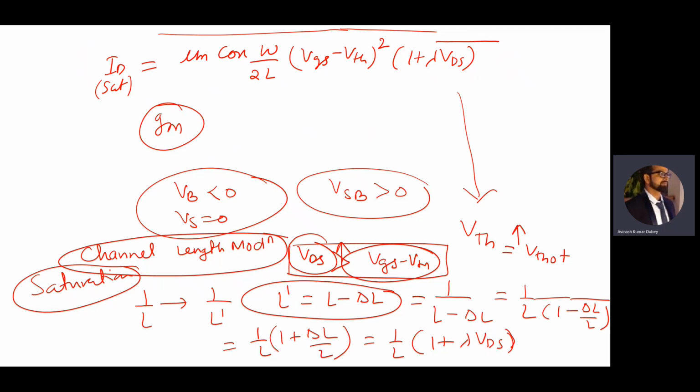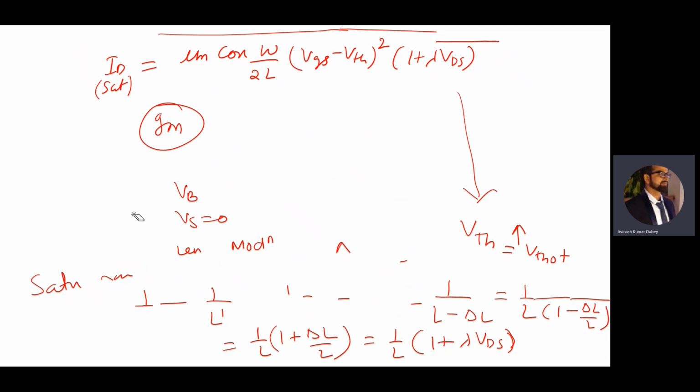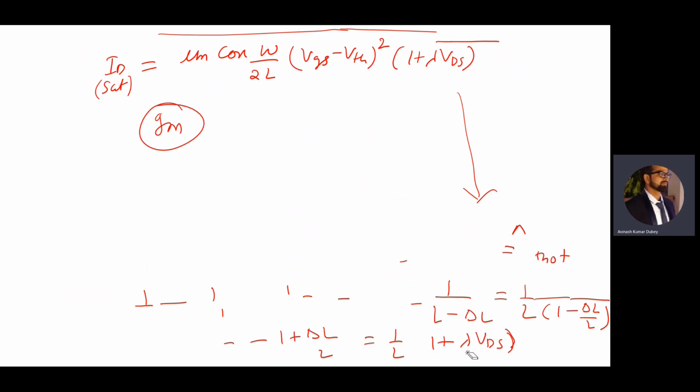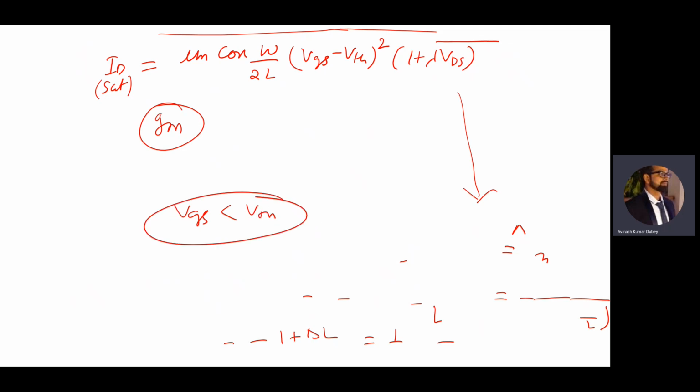So we can write the dependency of the drain current for VGS less than VTH, when VDS is large, that is around 200 millivolt.